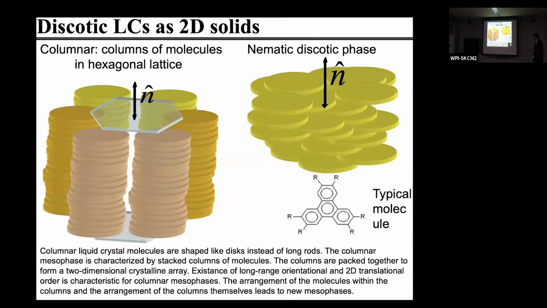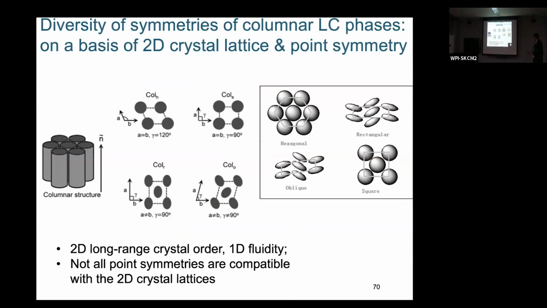Then when it comes to columnar phases, right, 2D positional ordering, well, that means 2D crystals, 1D fluids, and I showed you hexagonal columnar, but there are other 2D crystals we, of course, know, and the liquid crystals of columnar type with these symmetries have also been found and chemically synthesized, characterized, demonstrated.